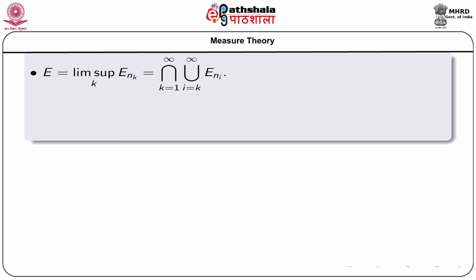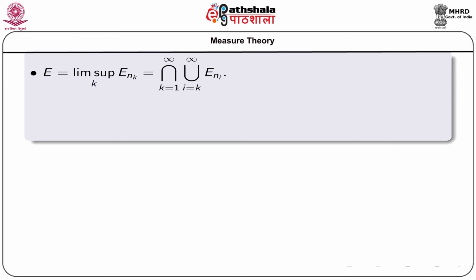Let us construct this particular set E as the lim sup of E_{n_k}, which is defined in this way: the intersection over k equal to 1 to infinity of the union over i equal to k to infinity of E_{n_i}. So, what we are doing?